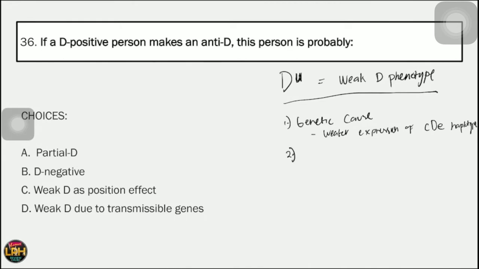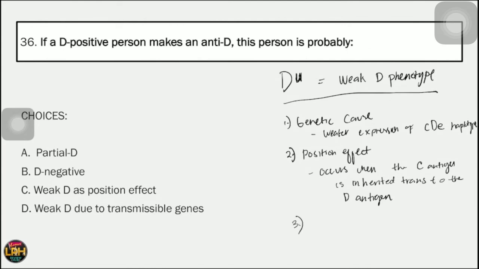We have the position effect, which occurs when the C antigen is inherited in trans to the D antigen.